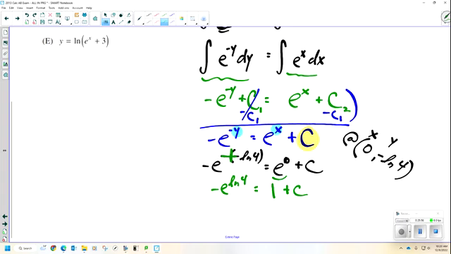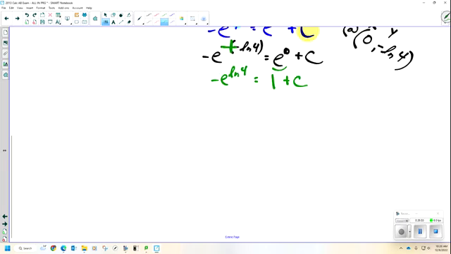All right. And at this point, you guys should know that e and ln kind of get rid of each other. What do I mean? These cancel. I'm just left with negative 4 equals 1 plus c. Well, let's subtract 1. Negative 5 equals c.